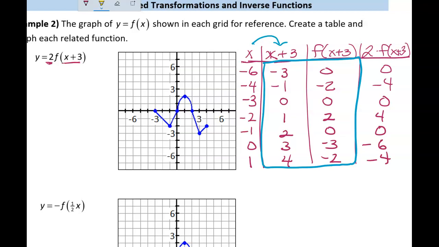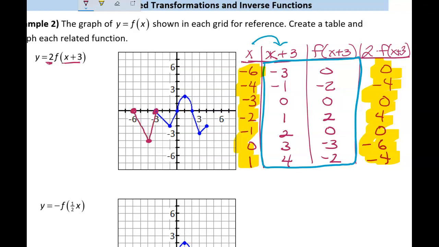And now our first and last columns in the table of values give us the transformed x, y pairs. So we have -6, 0, -4, -4, -3, 0.